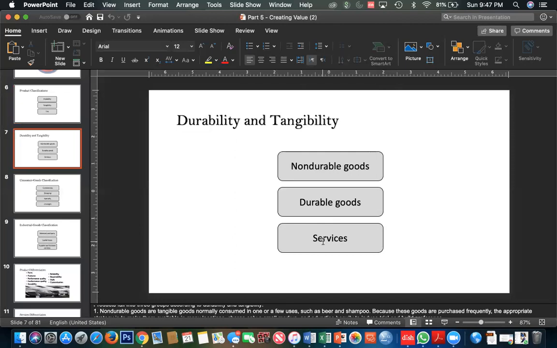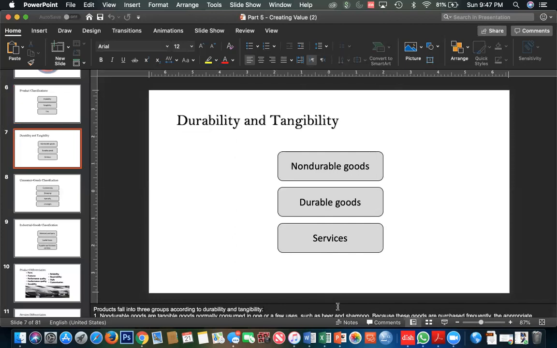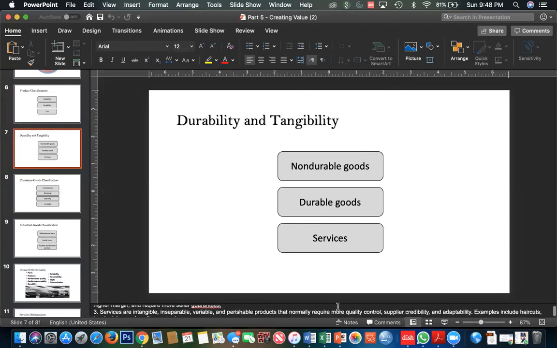Services, going back to what I said about tangibility, are very intangible. Services are inseparable from the person who's delivering them, and also from the actual product itself. They're perishable. You take the service now and it's gone, technically.